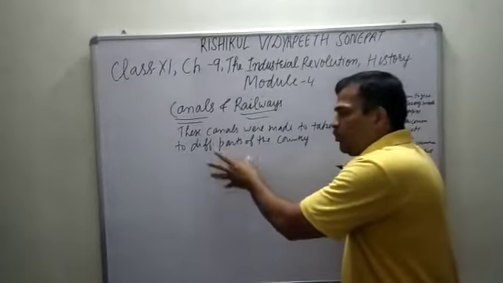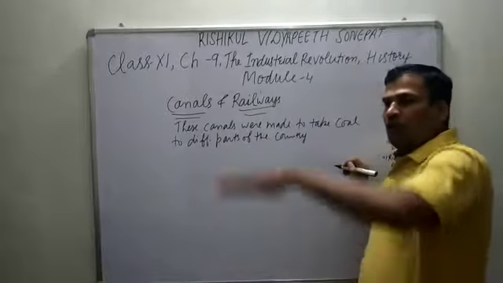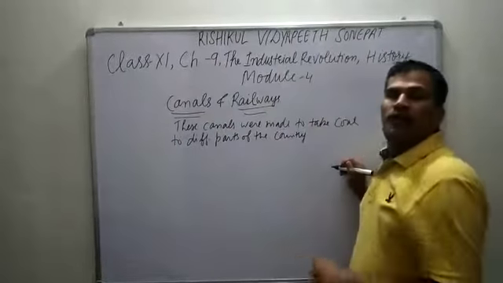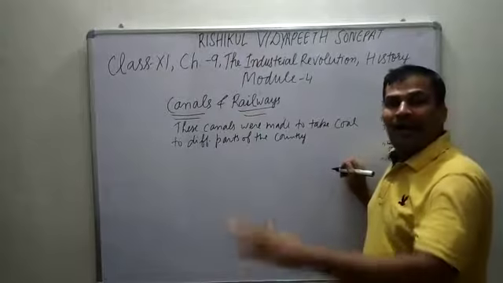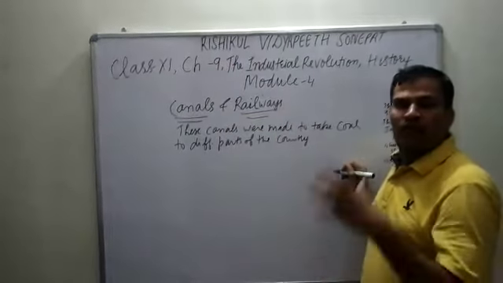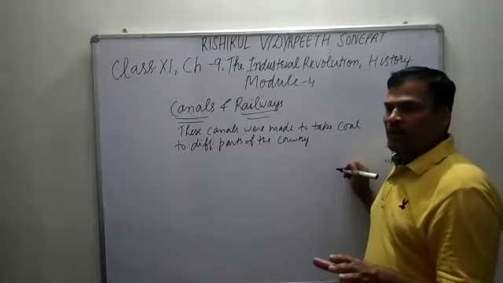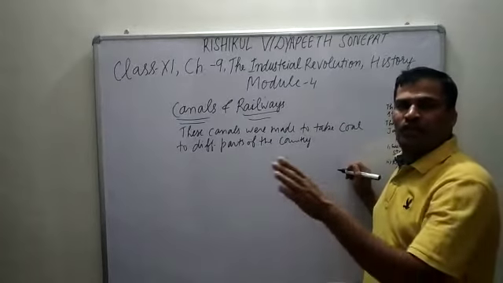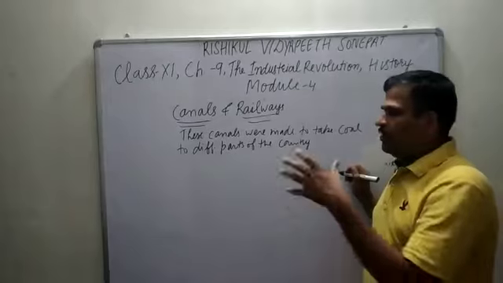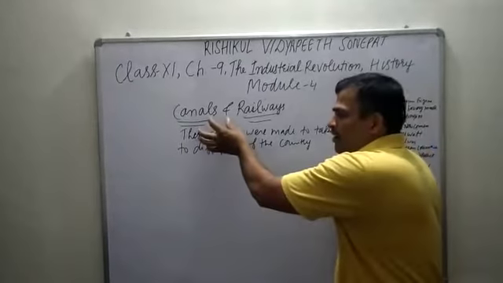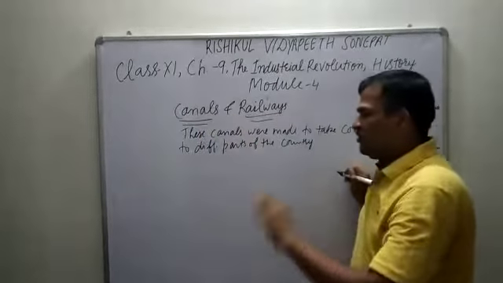Due to this appropriate supply of coal, the rates became low. Earlier they were expensive, they were high because the availability or richness was not possible. But by the use of canals the situation changed.